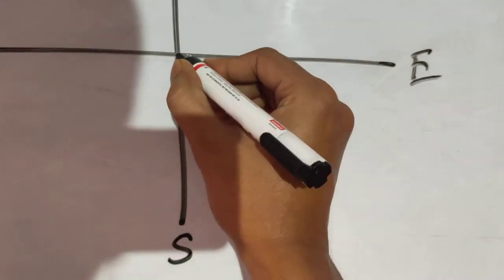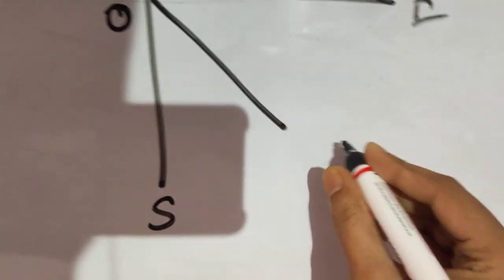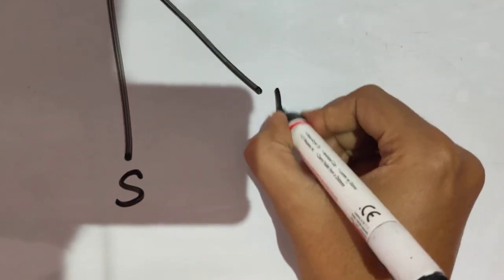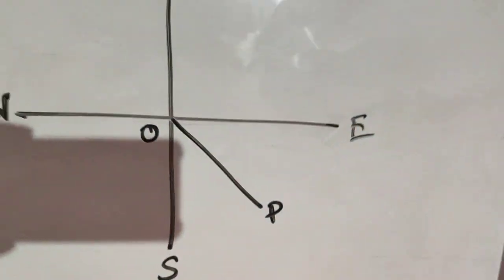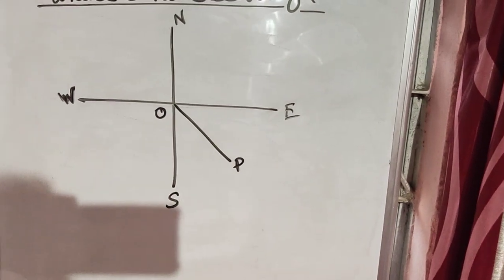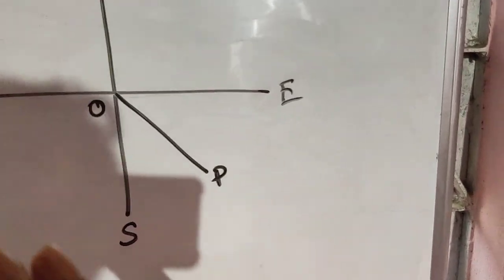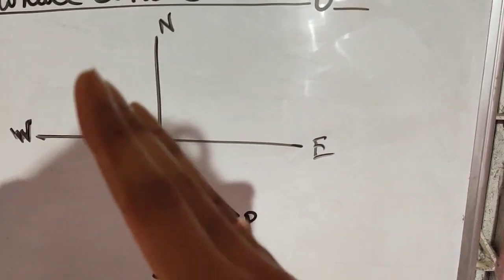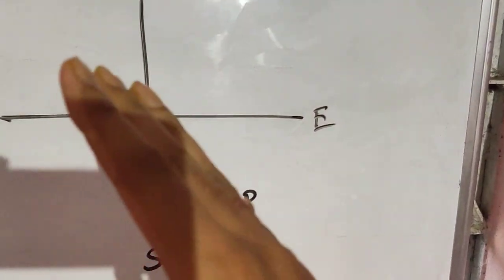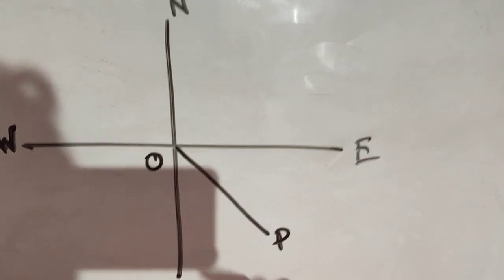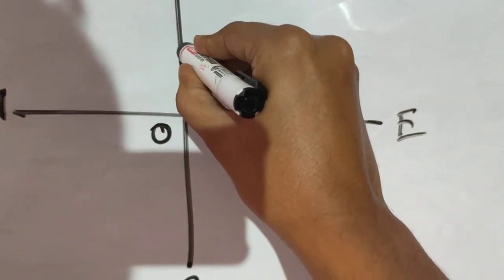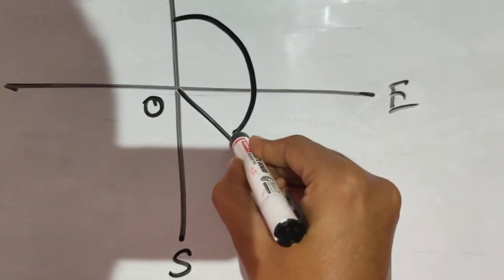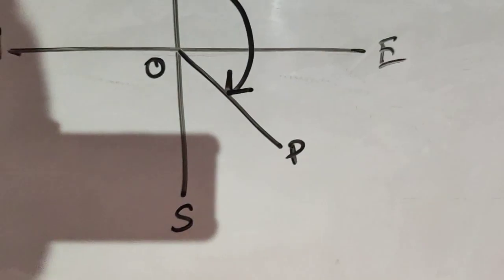Suppose there is a line like this, OP. How can we express the direction of this line or the bearing of this line? So the bearing of this line, or the direction of this line, will be the angle that it makes with the north direction only. Okay.